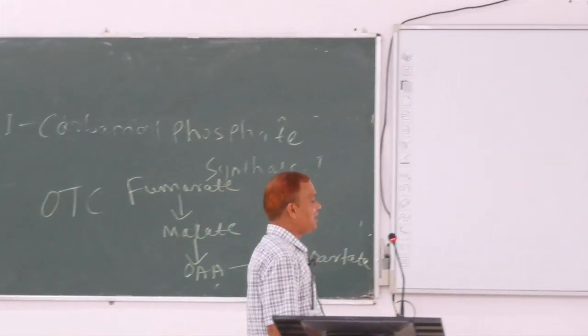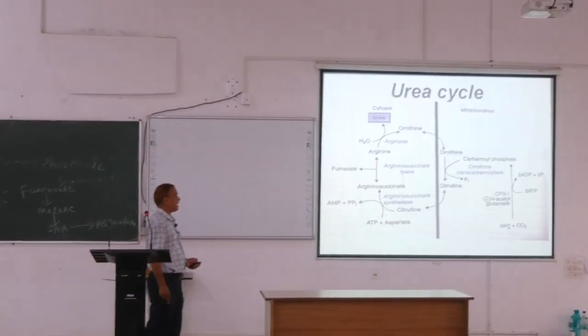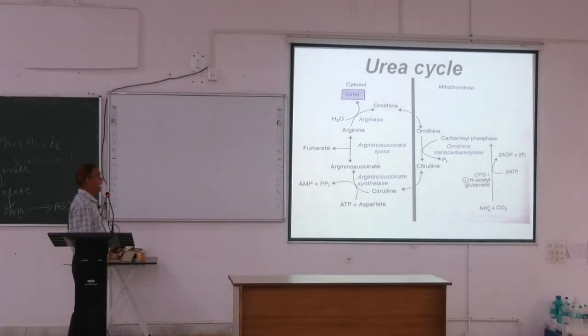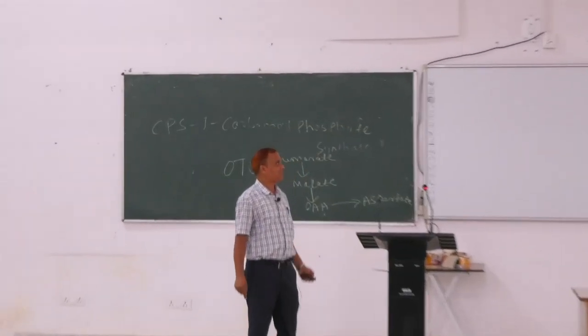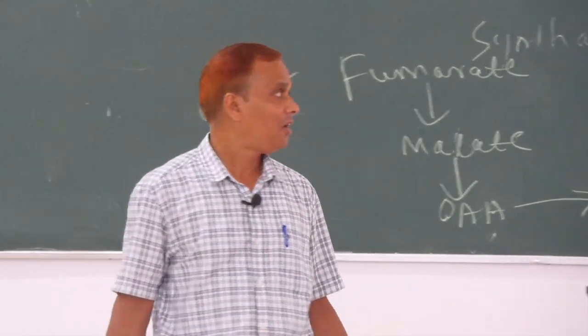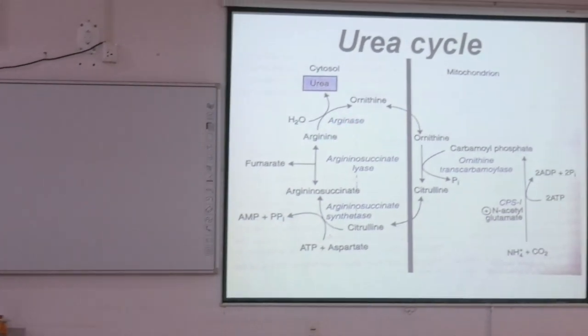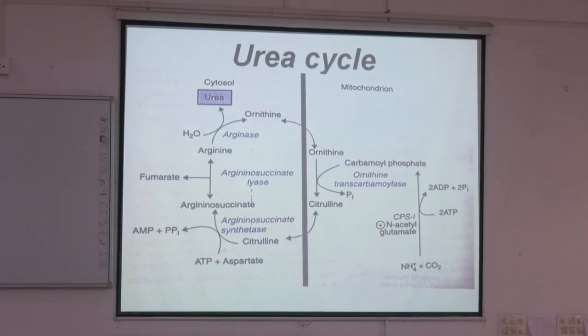So now you got arginine, by the help of argininosuccinate lyase. Then from arginine, ornithine can be synthesized. This is the final step of the urea cycle: arginine to ornithine by the help of arginase.